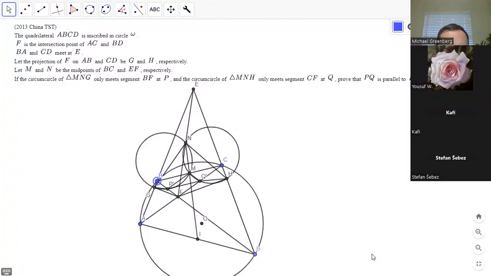Maybe that'll help us solve it. NMG and MH.